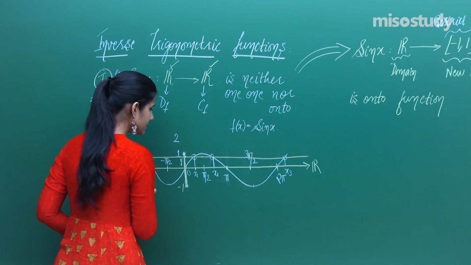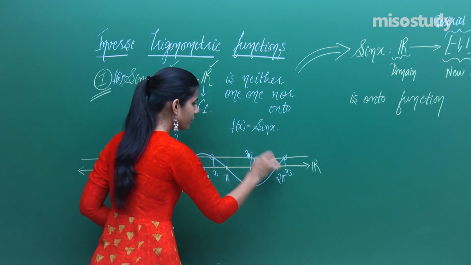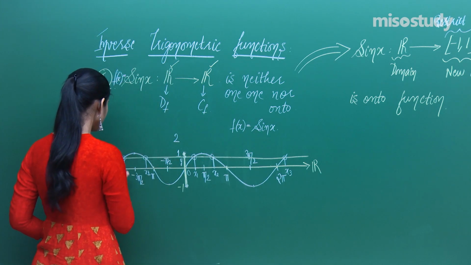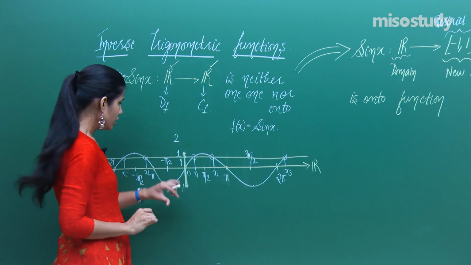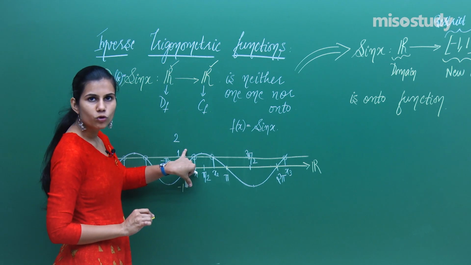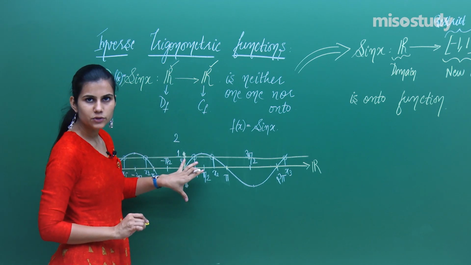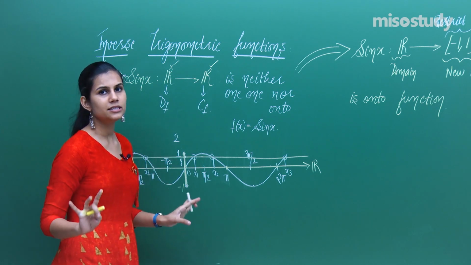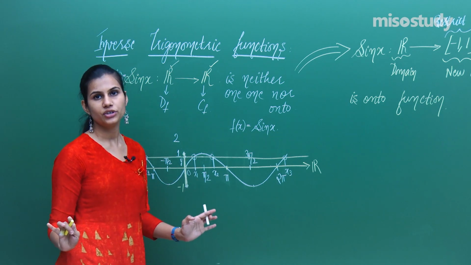At 0 I am getting 0, at pi I am getting 0, at 2 pi I am getting 0, at minus pi I am getting 0, at minus 2 pi I am getting 0. So when I have changed my codomain from the collection of all reals to the -1, 1 closed interval, 1-1ness is not treated, only ontoness is treated.